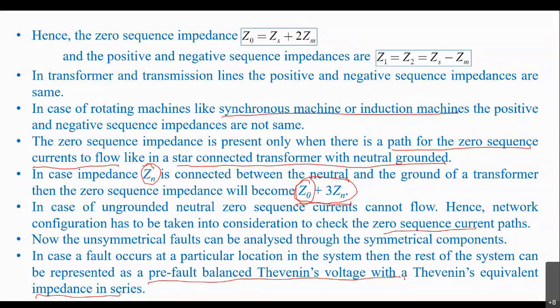Seeing the network from the fault point, we find the Thevenin voltage and the Thevenin equivalent impedance in series. That plays a very important role in determining the fault current.